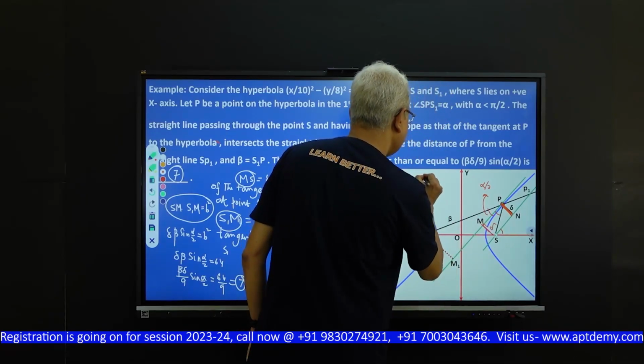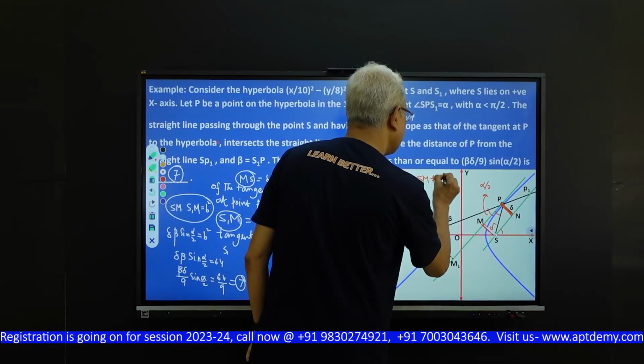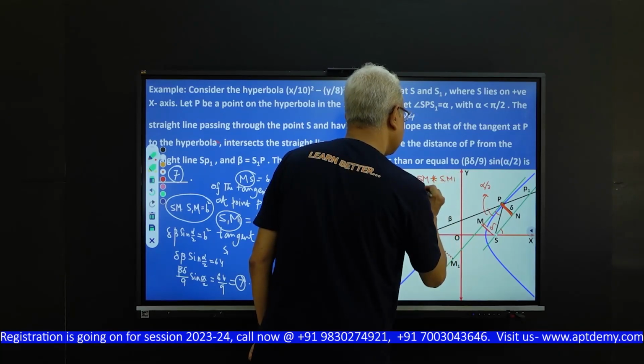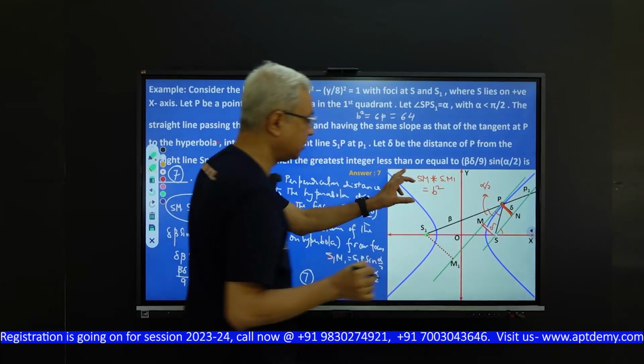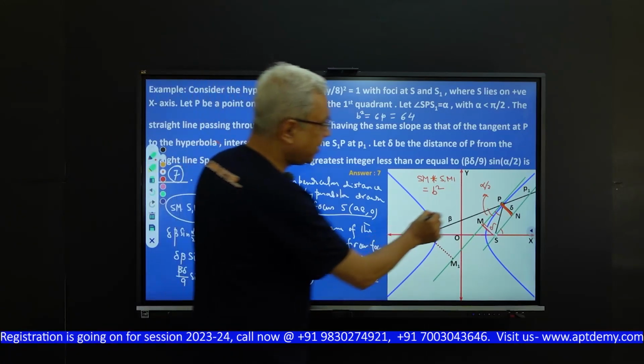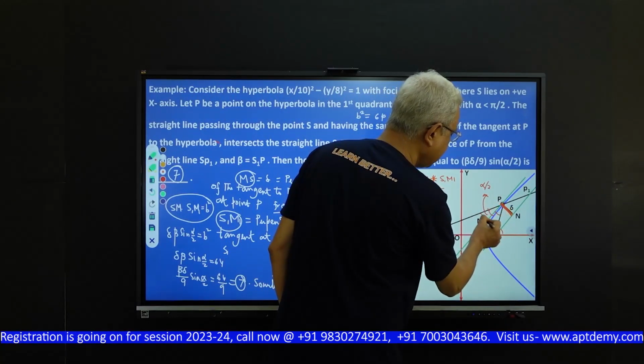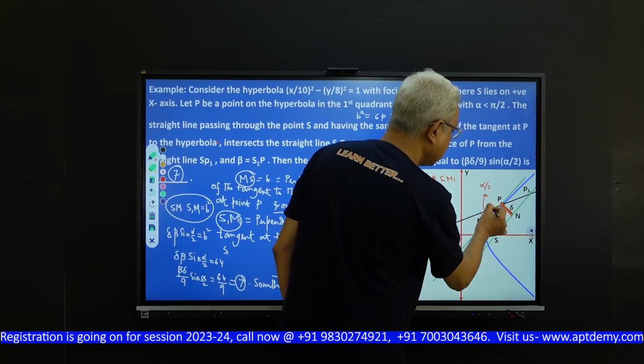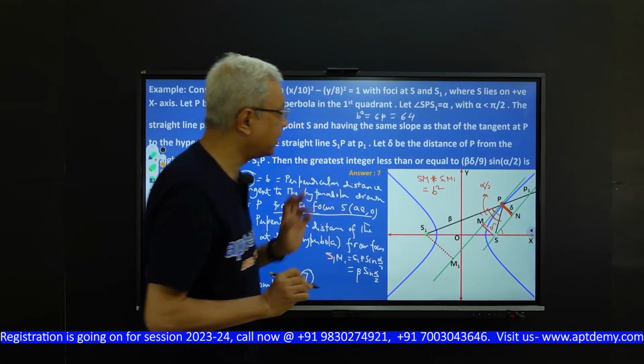SM into S1M1 is B square. This is the key point for this problem. And this angle, the total angle, is given as alpha. So this angle is alpha by 2. That is another key point.